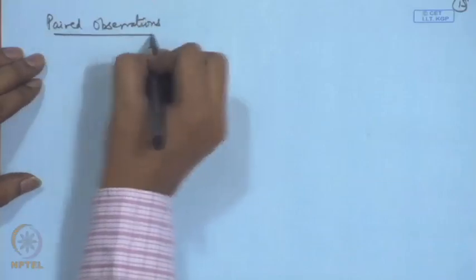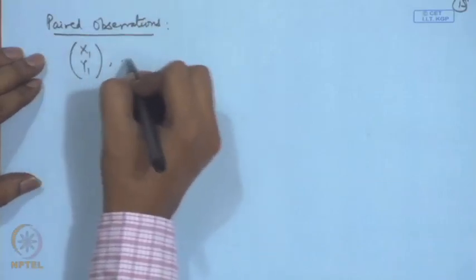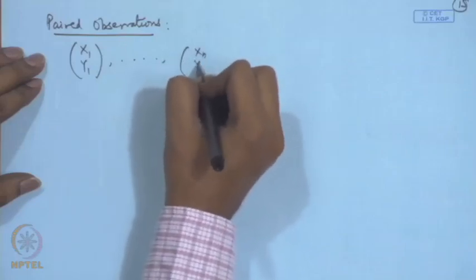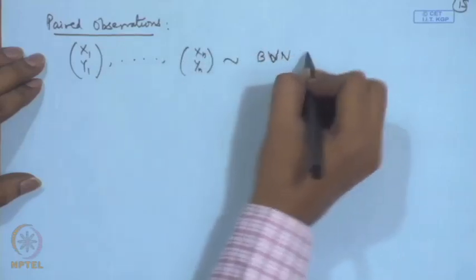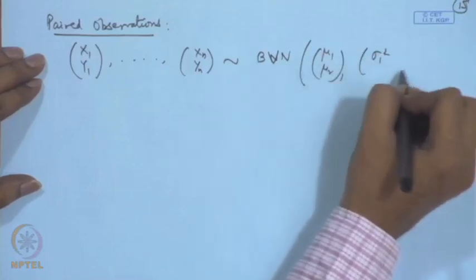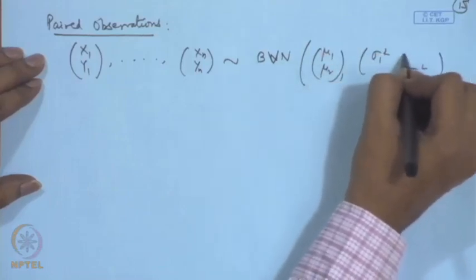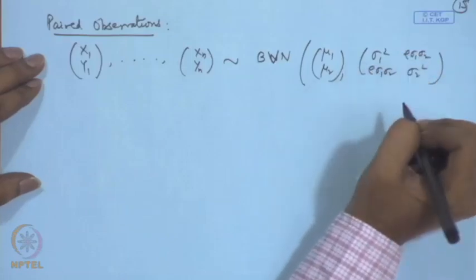Paired observations. So, here we assume the observations are coming from a bivariate normal distribution with parameters mu 1, mu 2, sigma 1 square, sigma 2 square, and here we assume that some correlation coefficient rho is there.